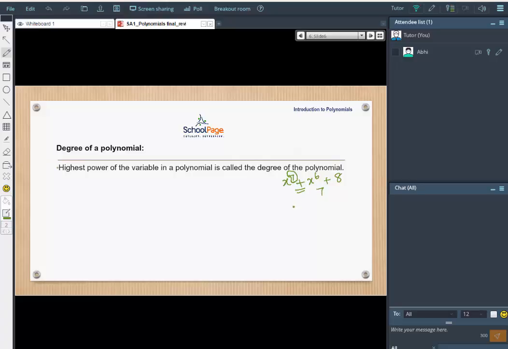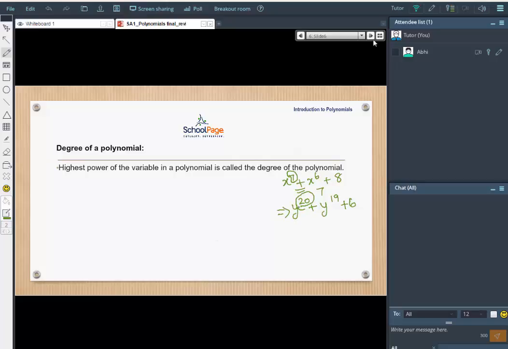If I have y raised to 20 plus y raised to 19 plus 6, what is the degree of this polynomial? 20.